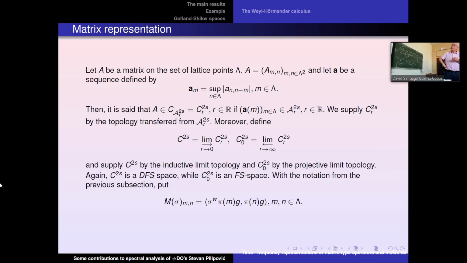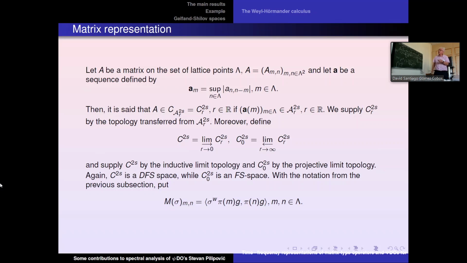So how will we make matrices? You have a matrix A_{mn}, and you make a sequence. In any row, you consider elements which are at a fixed distance from the diagonal, and then you go to such sub-diagonals in that way.